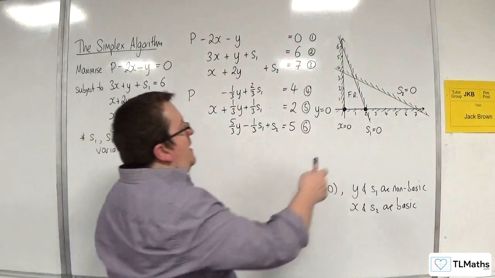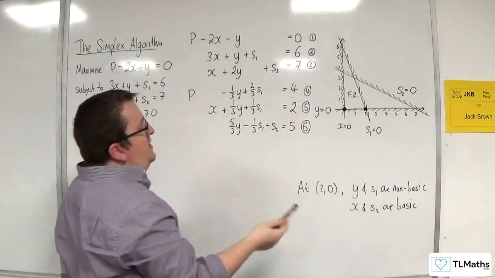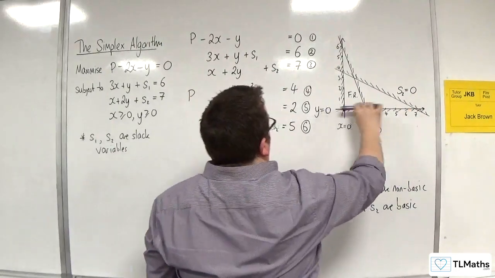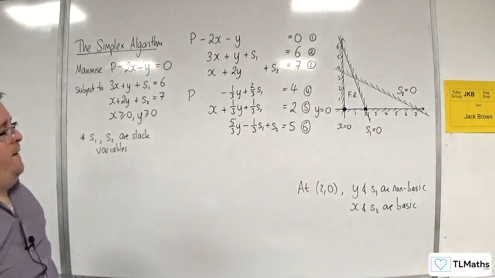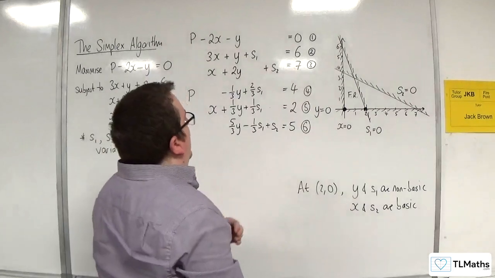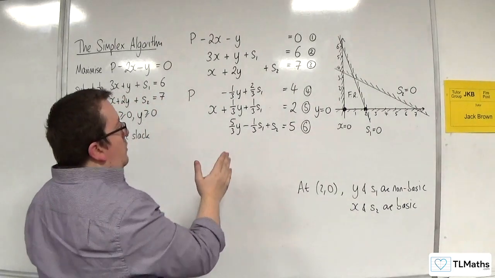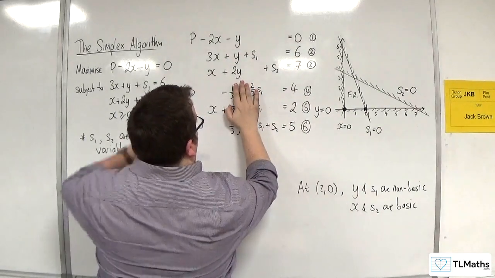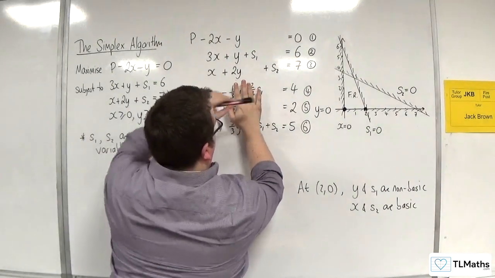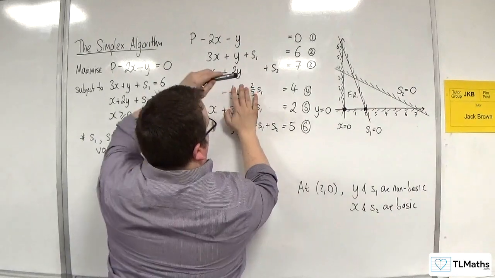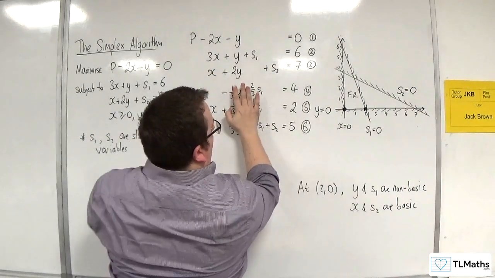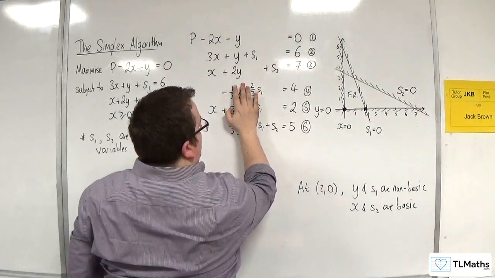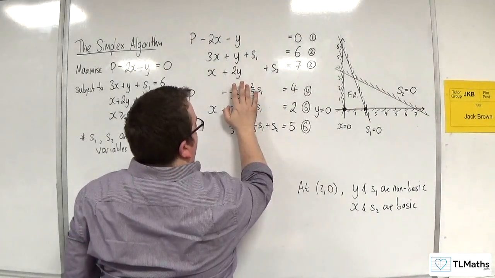Well, at that point is the intersection of S1 being 0 and y being 0. Okay, so if S1 and y are both 0, all of that bit is 0, and I have x is equal to 2, and S2 is equal to 5.